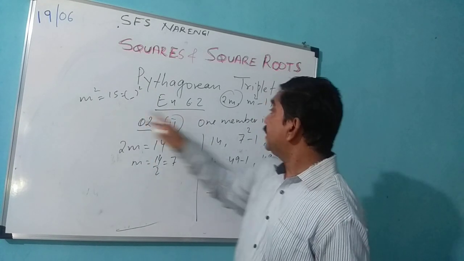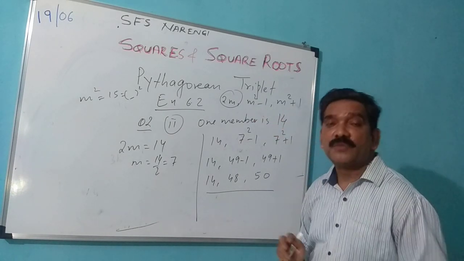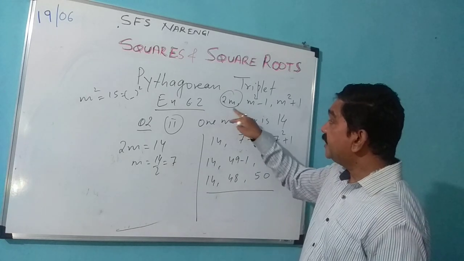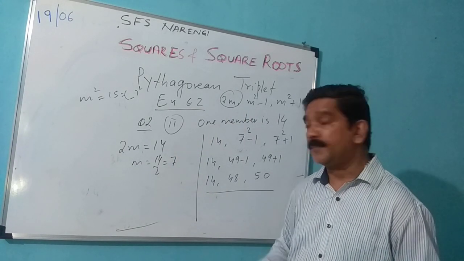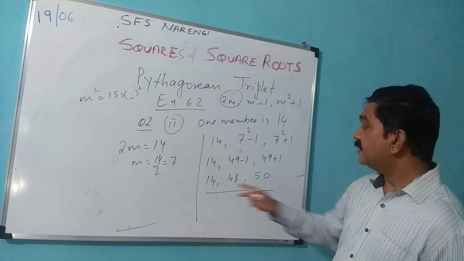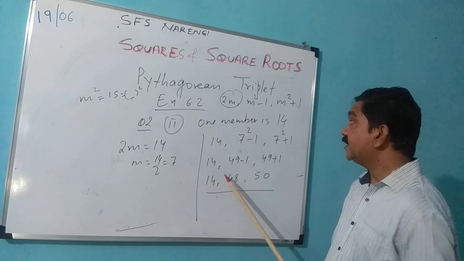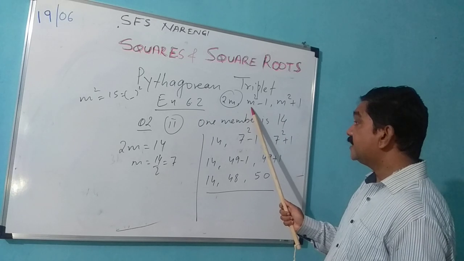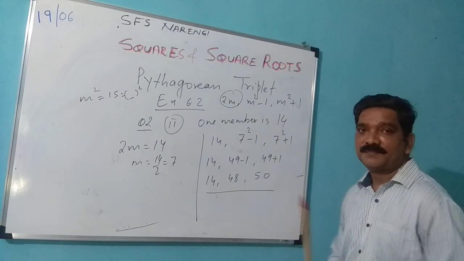So m square minus 1 or m square plus 1 equal to 14 is not possible. But 2m equal to 14 is possible, because we can directly get the value of m. After getting the value of m, the three members are: 14, which we already got, then 7 square minus 1, that is 48, and 7 square plus 1, that is 50.